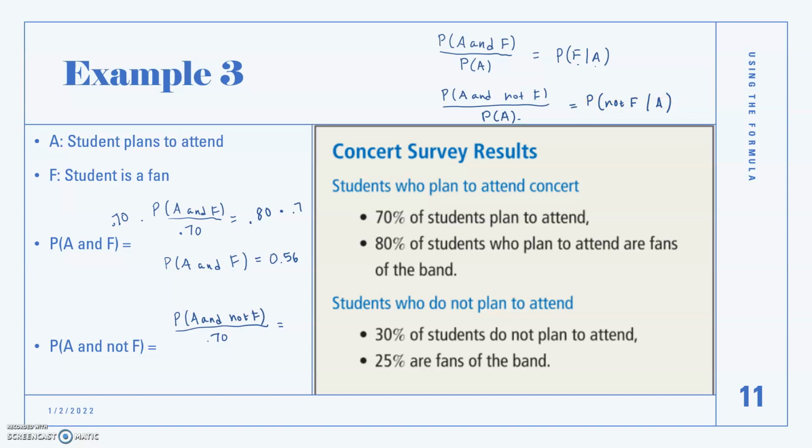Well, if they're not a fan and they're attending the concert, that would be 20%. That's the remaining students. The 80% are fans, 20% would not be fans. So then we multiply both sides by 70 again, so the probability of A and not F would be 0.14. So 14% chance that someone is going to the concert, but they're not a fan of the band.